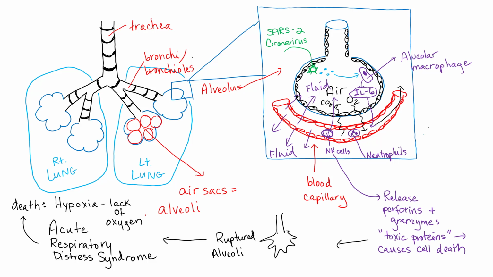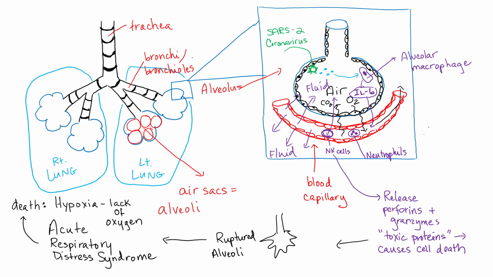So inflammation has a purpose. The purpose is to allow white blood cells to infiltrate an area where there's an infection and help in the process of eliminating that pathogen. But in particular, this IL-6 seems to be causing this increased inflammatory response where we're getting lots of fluid building up in the alveoli.